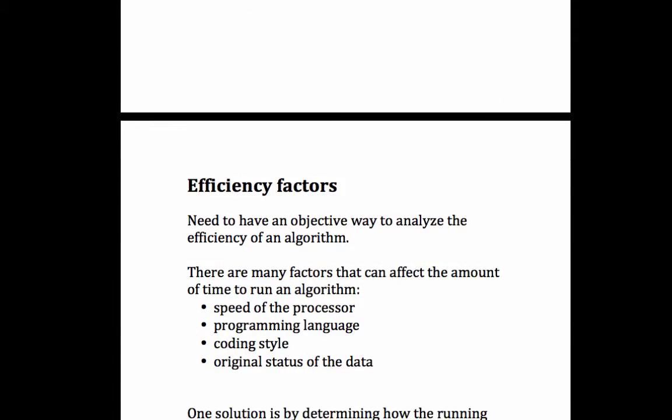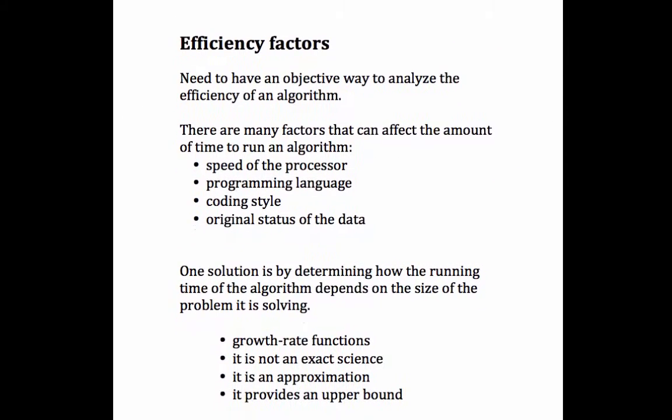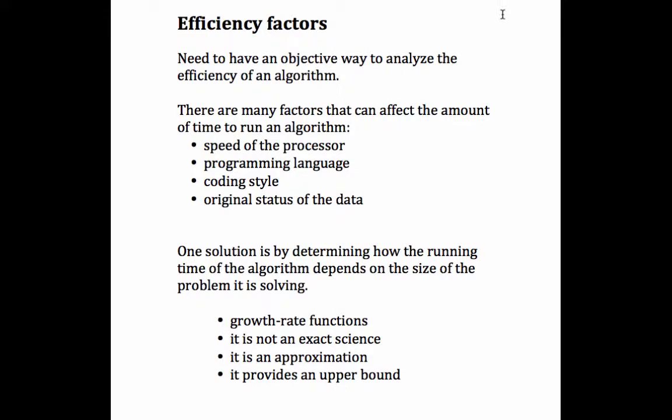Before we analyze those functions, let's talk about what other factors affect the efficiency of an algorithm. And yes, there are many factors that are going to affect the running time, but what we need is to come up with an objective way to analyze every algorithm and to compare them. So what are the factors that typically affect the running time of a given algorithm?